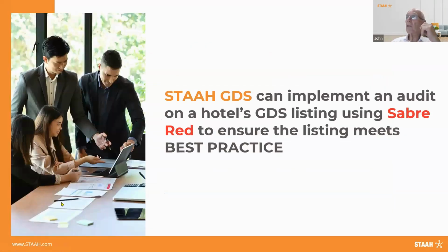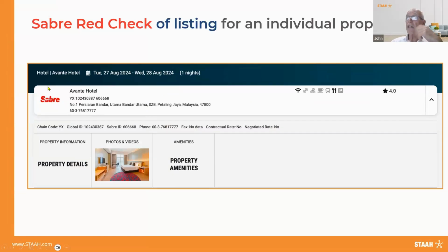STAAH GDS can implement an audit on a hotel's GDS listing using Sabre Red to ensure that the listing meets best practice. This is the important piece for your understanding. This is what a travel agent sees when they're looking on the system in their office.